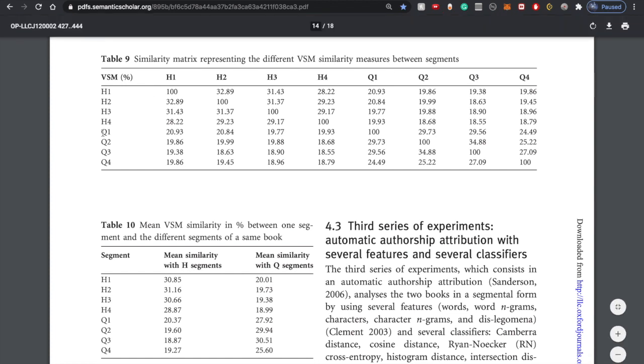So Q1 matches up 100% with Q1. Q1 matches up with Q2, Q3, and Q4 in very similar amounts. Q2 matches up 100% with Q2, and with Q1, Q3, and Q4 it matches up in similar amounts. Same thing here and same thing here, right? With Q3 and Q4, the matching is very similar.